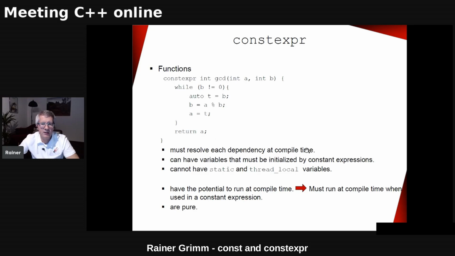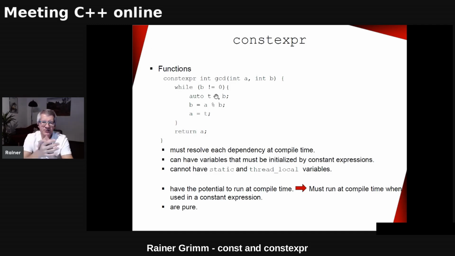So the rules in 14 are quite easy, but in 11 they're not ugly, but quite complicated. You can even have variables inside a constexpr function, but they must explicitly be initialized with a constant expression. The only thing you cannot do essentially is having static or thread local variables.